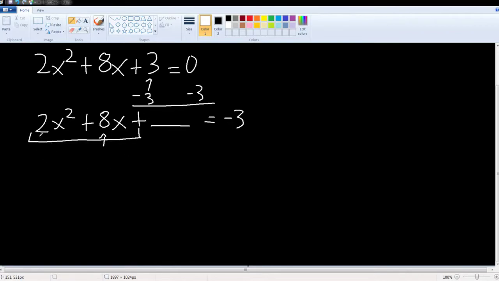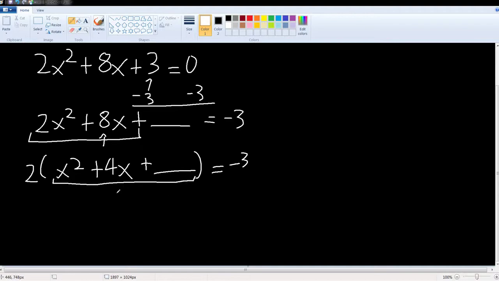So in this case, a is 2, so we need to factor out a 2, and we should get x squared plus 4x plus blank. It's all equal to minus 3. So the key, as you can see, is to get this quadratic where a is equal to 1, hence why we factor out a 2. And as you can see, when we factor out a 2, we get x squared plus 4x.